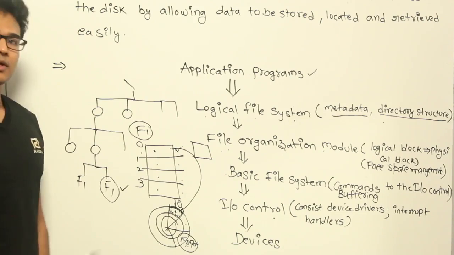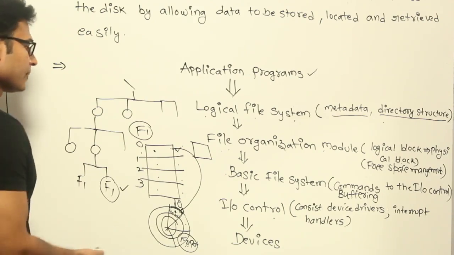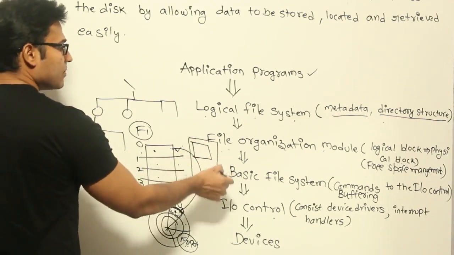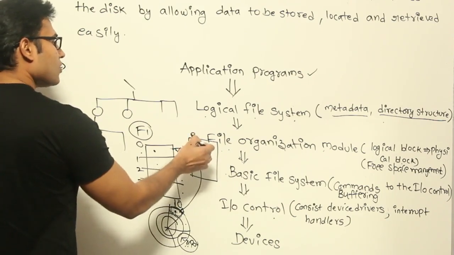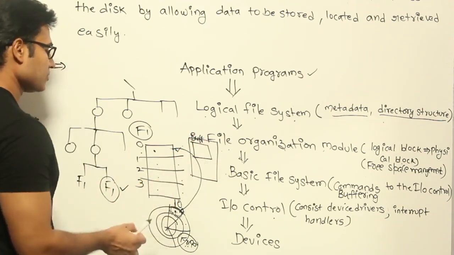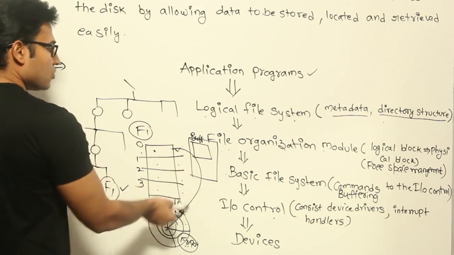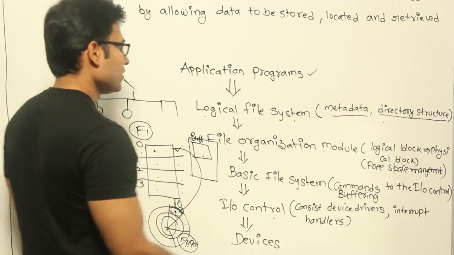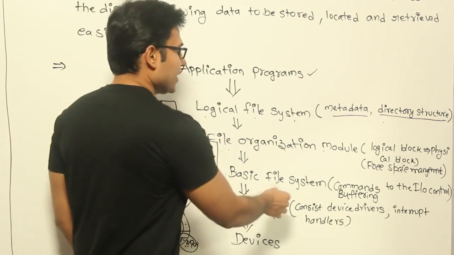So that you can open it, read it or write it, whatever you want to do. So for that reason, you need to have some buffers in the main memory. That is called a buffer. Buffer means some temporary storage or temporary space into which you have to store this, right? The temporary space is also being managed by the basic file system.